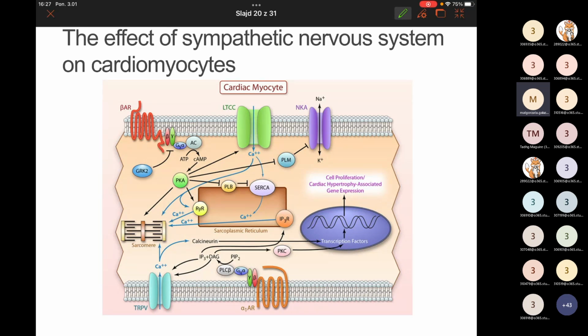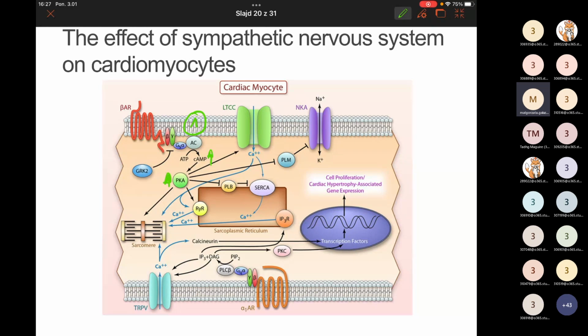So the story goes exactly the same. The norepinephrine binds to beta-1 receptor. The GDP molecule is replaced by GTP on the alpha subunit. This activates adenylyl cyclase, which converts ATP to cyclic AMP, and increased concentration of cyclic AMP inside the cell activates protein kinase A.